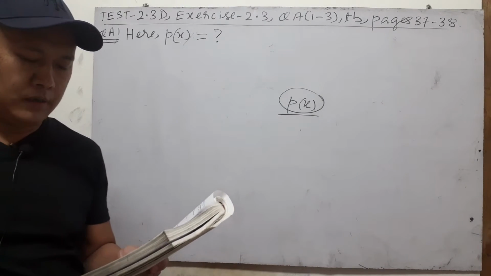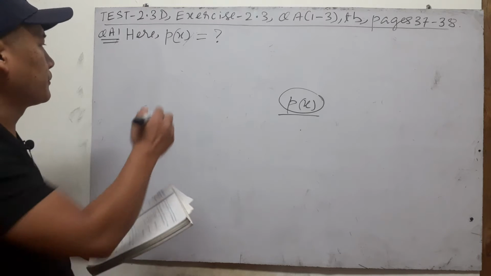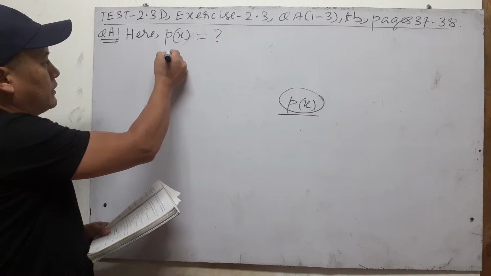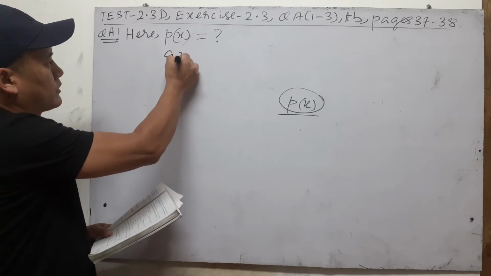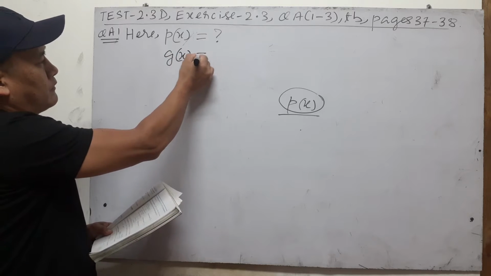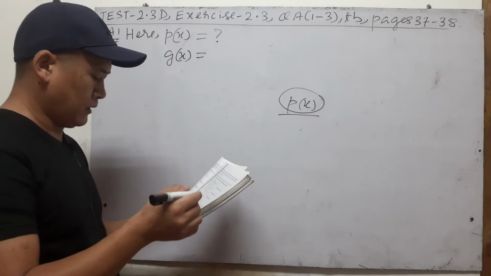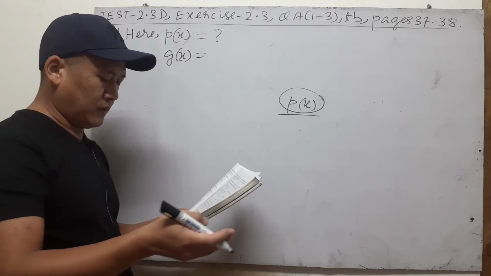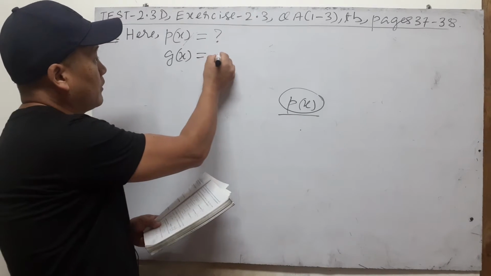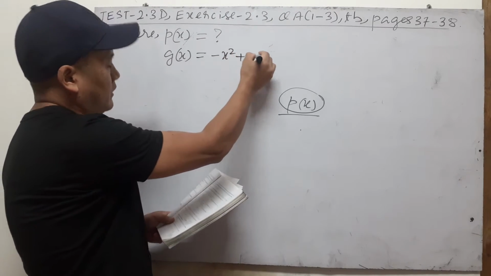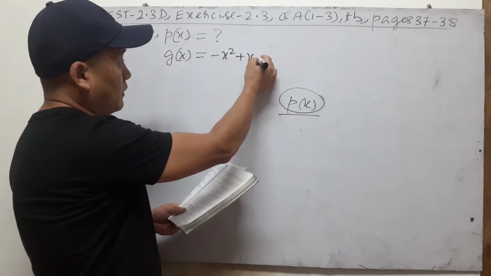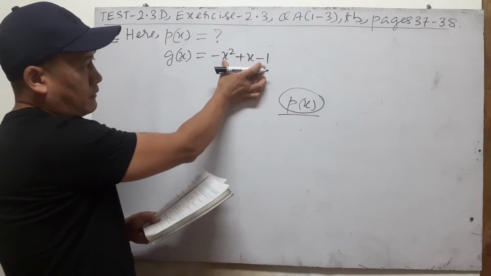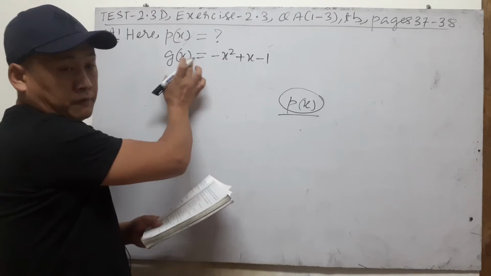When divided by minus x squared plus x minus 1, so that will be the divisor, g of x.